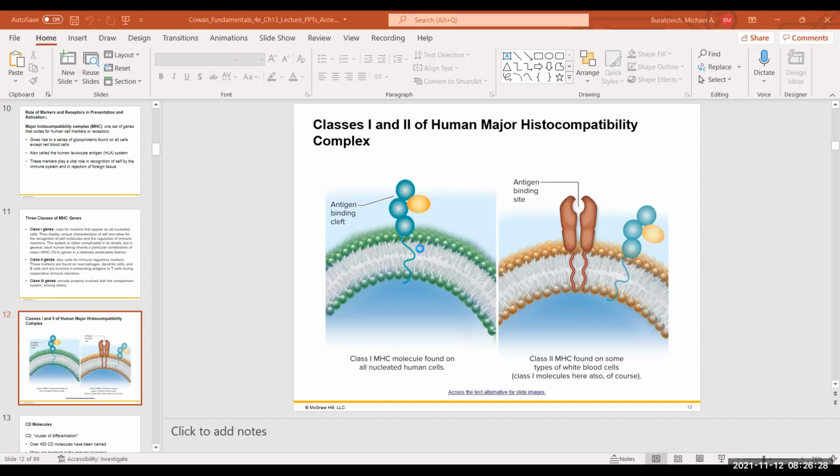All right, so this is shown essentially on this page down here. You rearrange the DNA while the T cell is developing. You make a specific type of alpha chain. You rearrange the DNA that encodes the beta chain and make a specific type of beta chain.